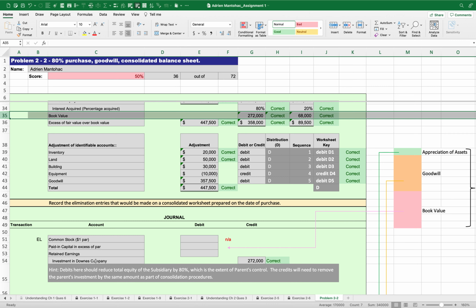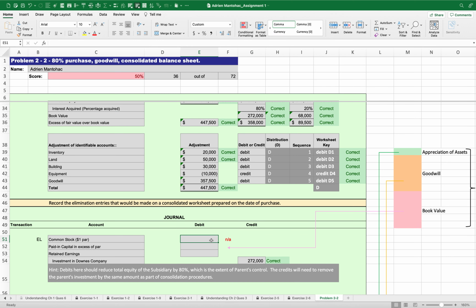It's an asset. Investment in Downs Company is an asset, so we get rid of that by crediting the asset, and we get rid of that equity as well, that we have control over in the subsidiary, and then we'll just absorb all of their assets together, right?